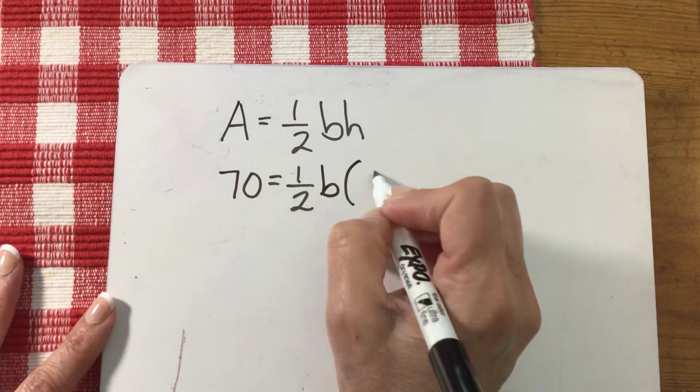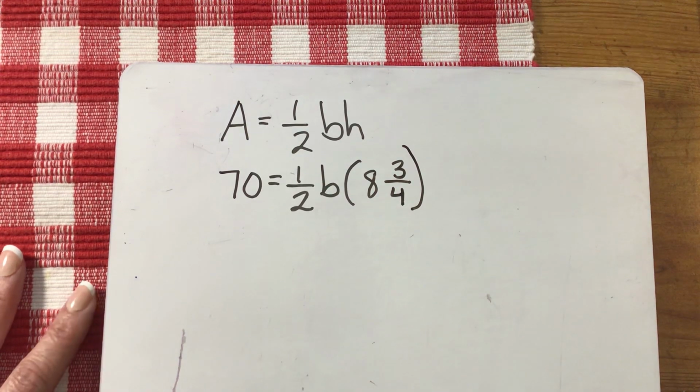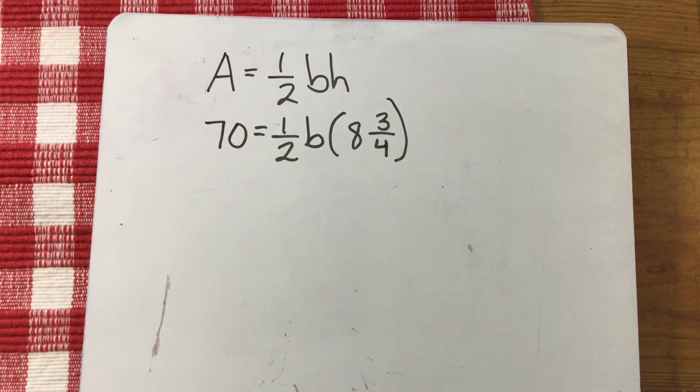My height is 8 3/4. You're going to need plenty of room for this one. Now it's getting a little tricky, guys. This is where all the stuff you've learned in terms of adding and dividing and multiplying and subtracting fractions is where everything's going to come into play because you're going to use tons of different things here.